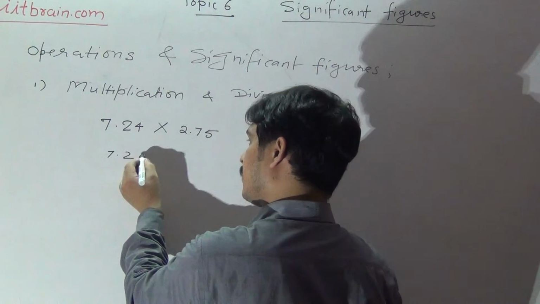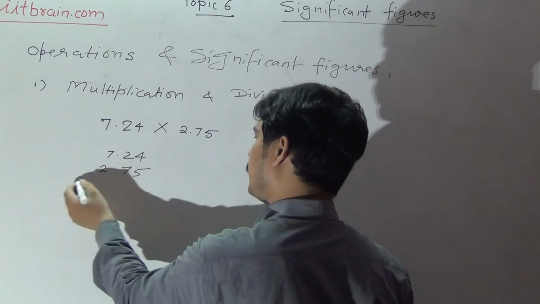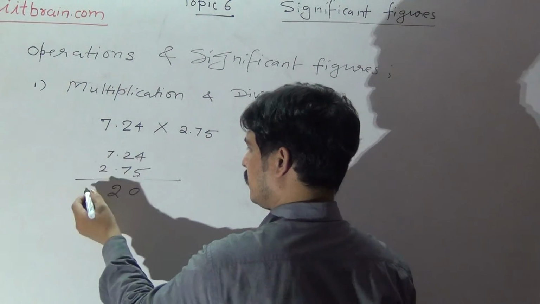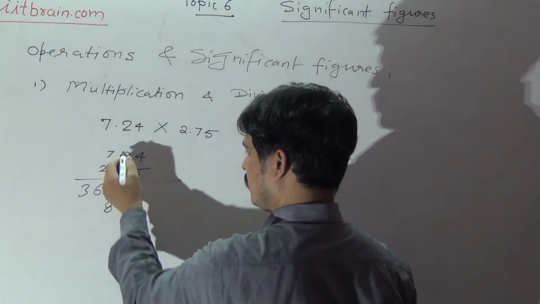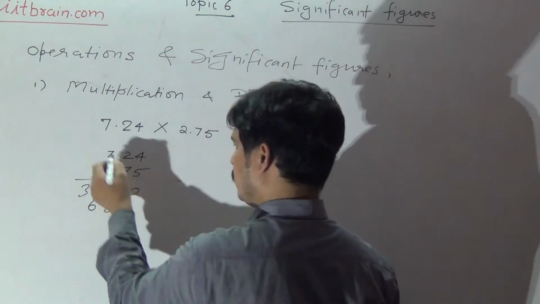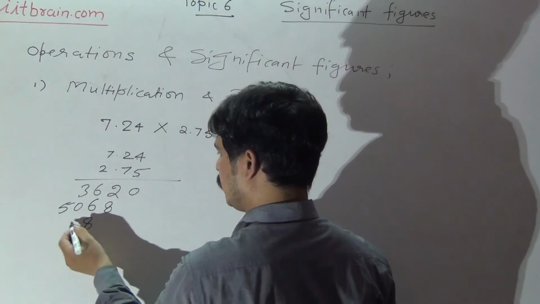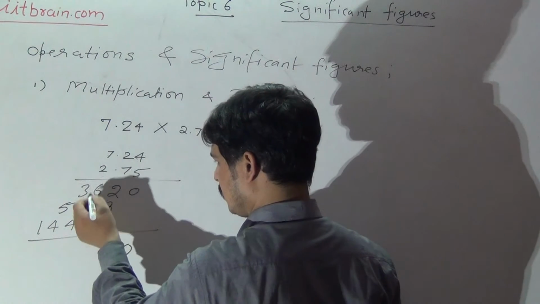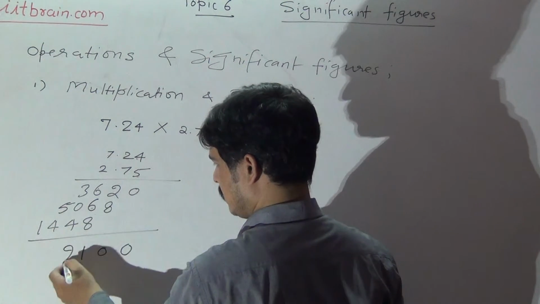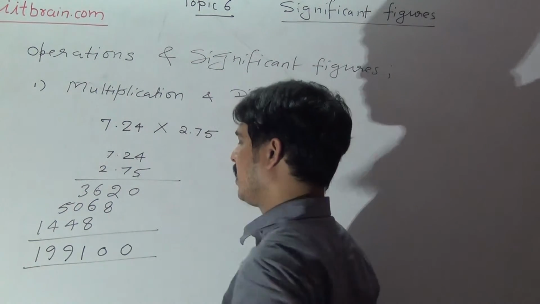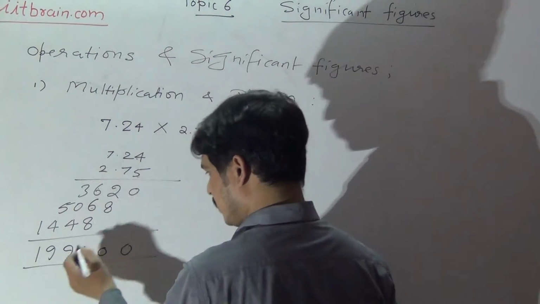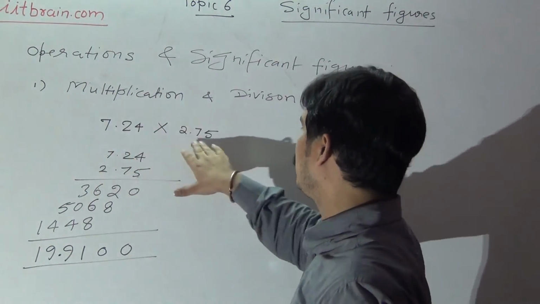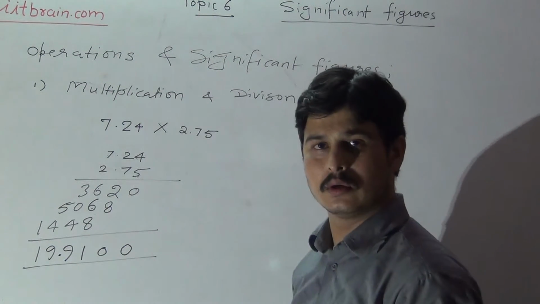After multiplying we get the product of 7.24 and 2.75 as 19.9100.